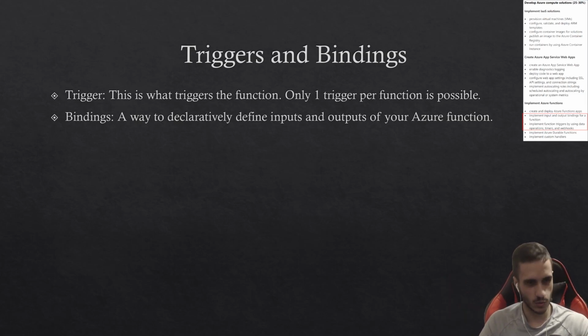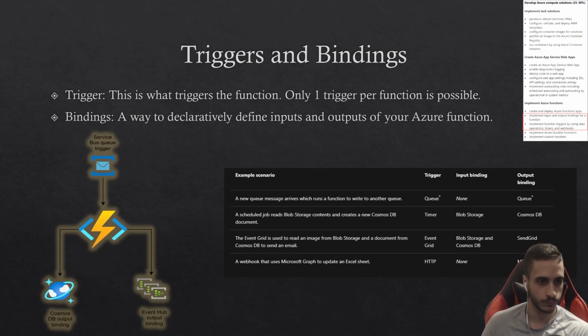Okay, so this will make more sense in this diagram here. A simple example is having a Service Bus queue trigger. So in this case, anytime a message is written to this Service Bus queue, the Azure function will be triggered. Okay, so this is an example of a trigger. Now here we have a couple of output bindings for this Azure function.